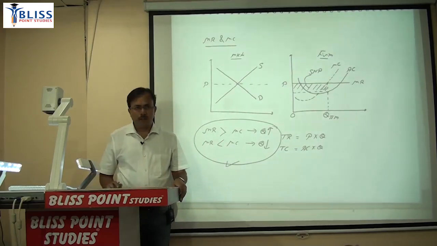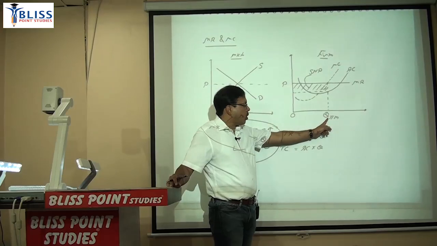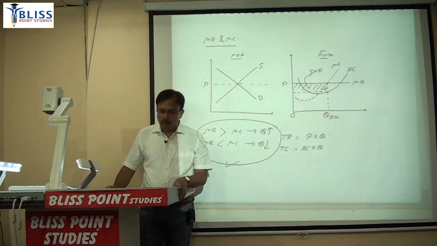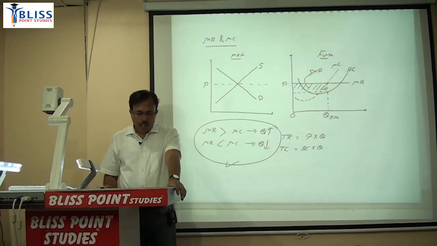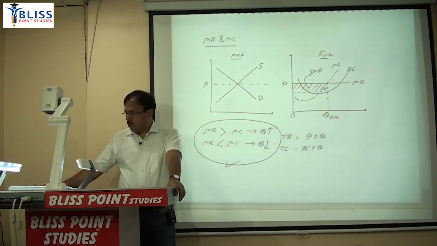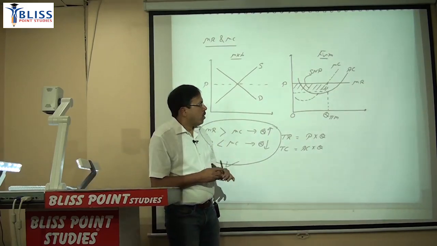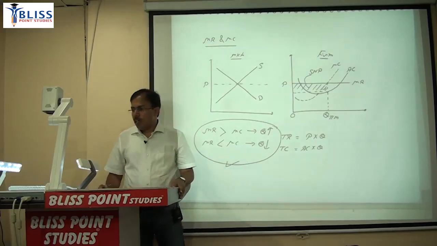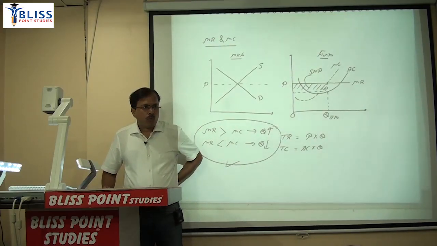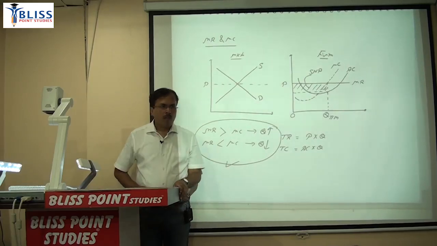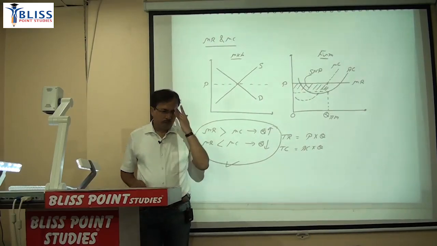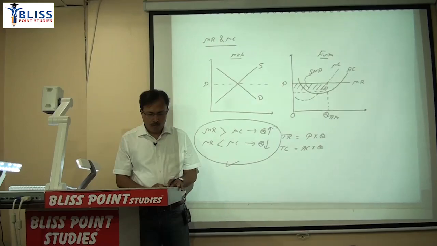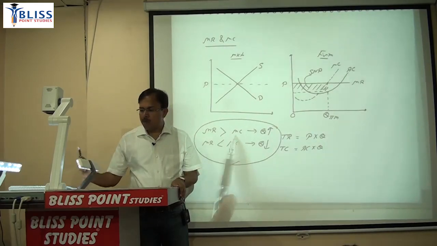To the left of profit maximizing quantity, each unit of output is adding more to revenue and less to cost, within bracket MR greater than MC.